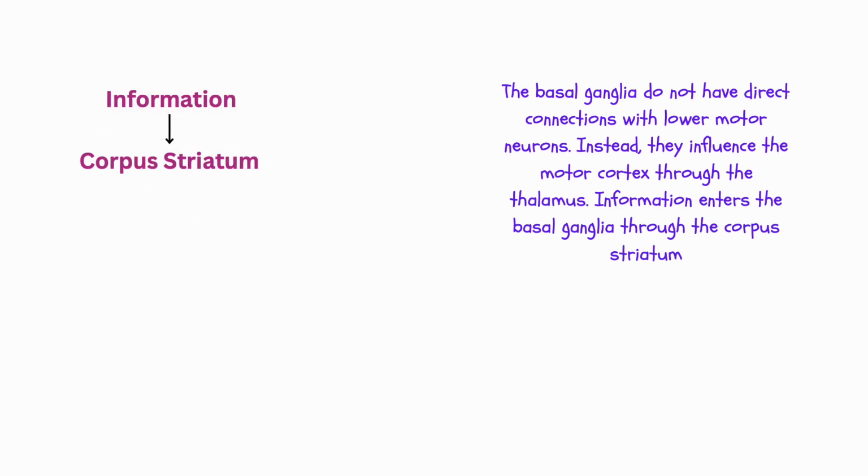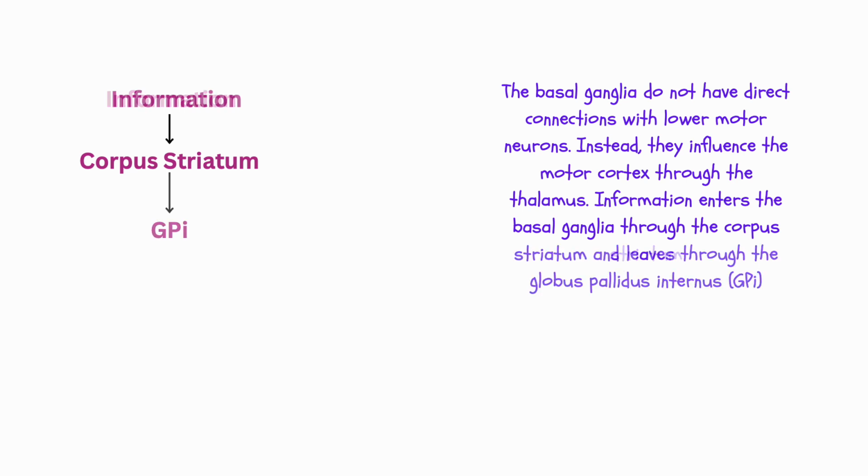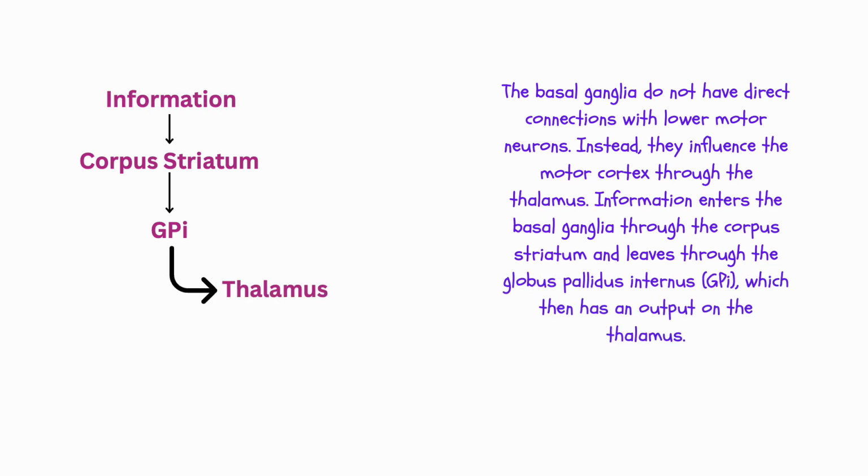Information enters the basal ganglia through the corpus striatum and leaves it through the globus pallidus internus or GPI for short, which has an output to the thalamus.